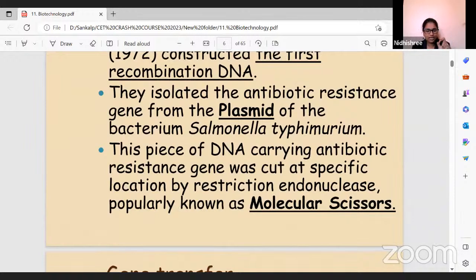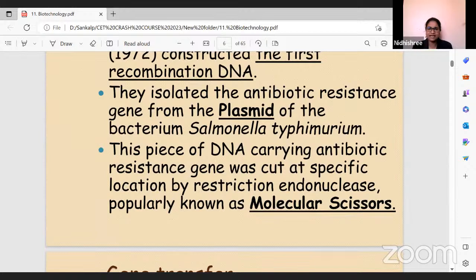Salmonella typhimurium is a bacterium, from which the plasmid, the extrachromosomal DNA present in the bacteria, is taken. This plasmid, the non-genomic DNA, is separated from that bacterial cell. Then this piece of DNA carrying the antibiotic resistance gene was cut at a specific location.